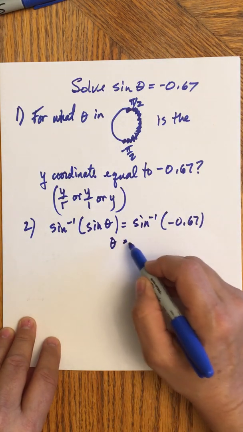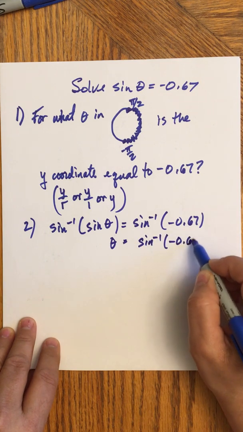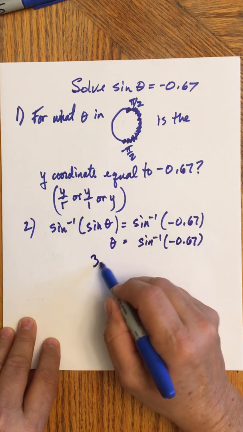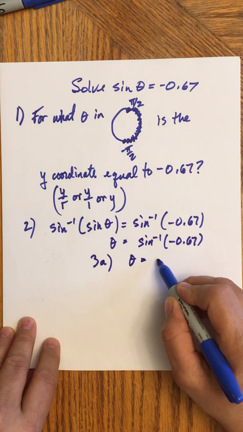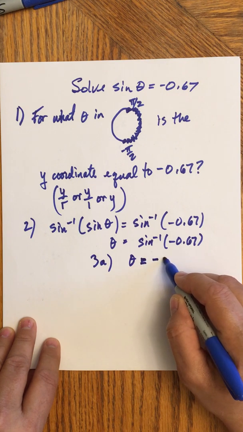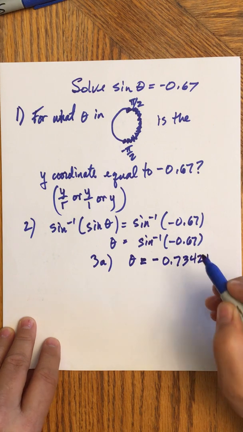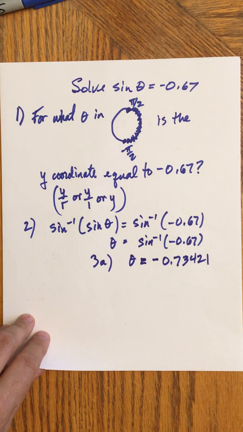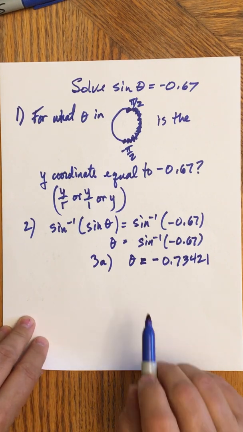And I'll get that the angle is the inverse sine of negative 0.67. And I then put this in my calculator, and I'm going to get that the angle is negative 0.73421 radians. I work in radian mode, unless specifically asked by the book or whatever.